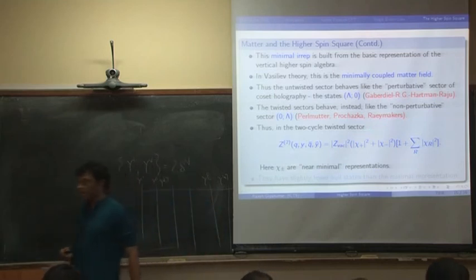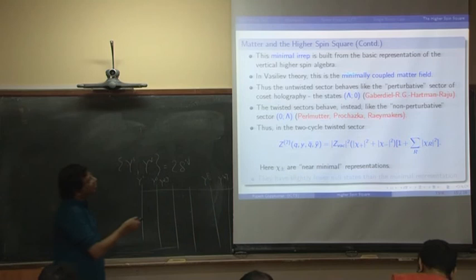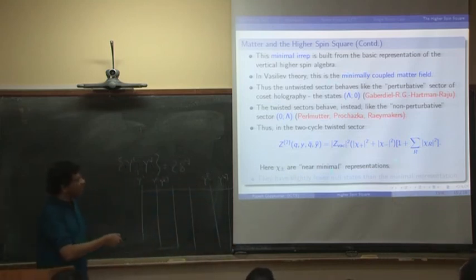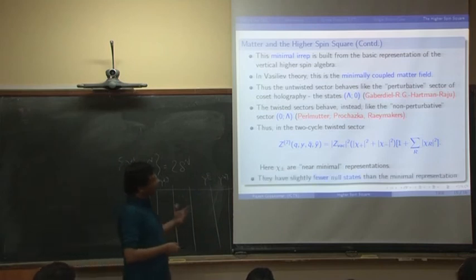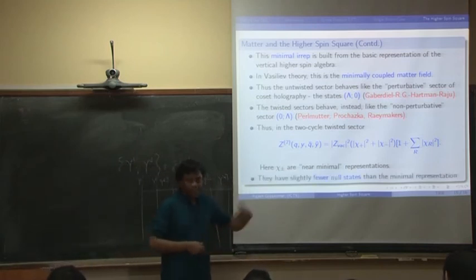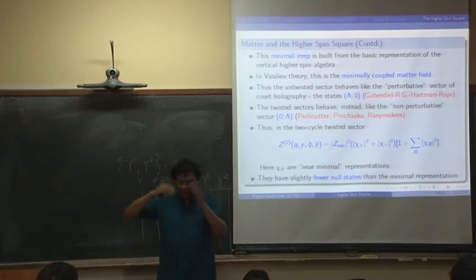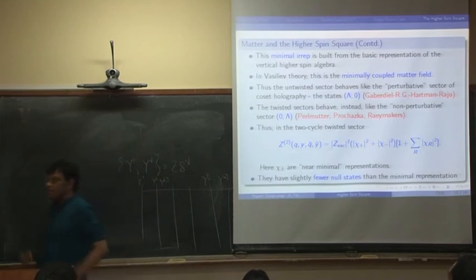higher spin algebra. They are, if this was the minimal representation, in a way the next to minimal representations. They have slightly fewer null states than the minimal representation. At every level they have a few less null states.